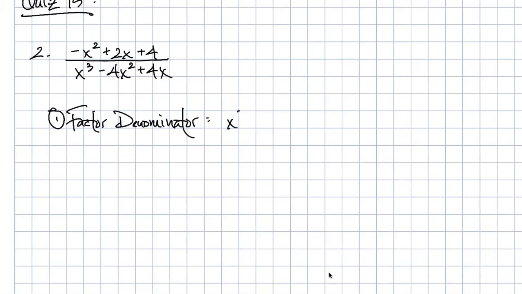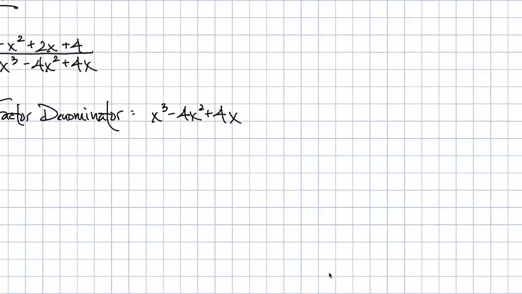We have x cubed minus 4x squared plus 4x. Even though this is a cubic, we might notice that every single term has an x, so I can factor out an x. And then I get x squared minus 4x plus 4.